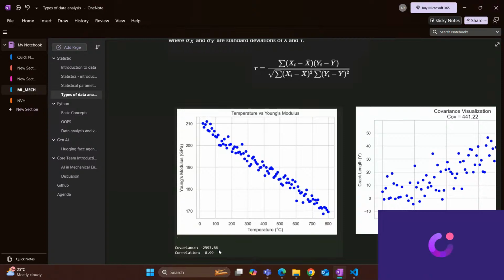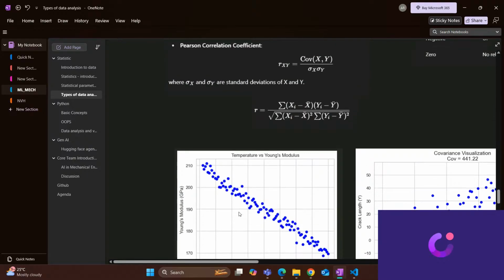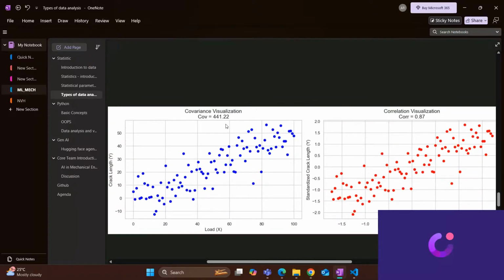To get a more realistic interpretation, we standardize it to fit between minus 1 and 1. That's why correlation says minus 0.99. It is like fitting the data within a particular range. In the same plot, covariance shows 441.22, but when I fit it between minus 1 and 1, I get a correlation of 0.87. This is more interpretable for us.